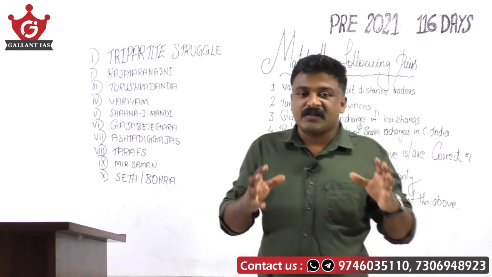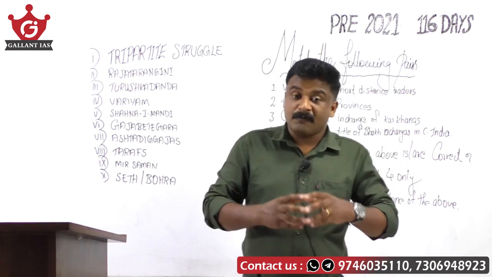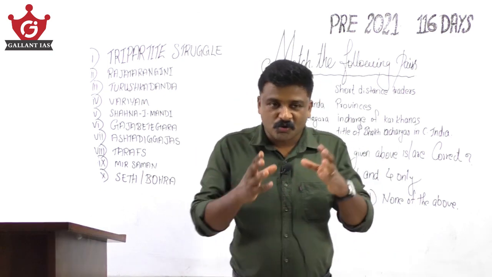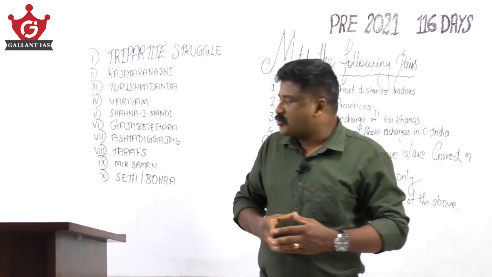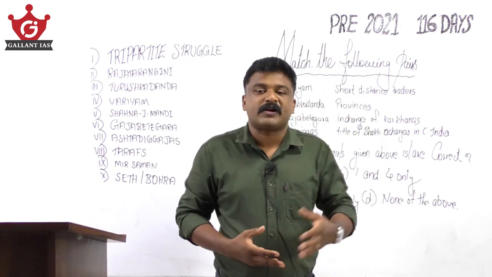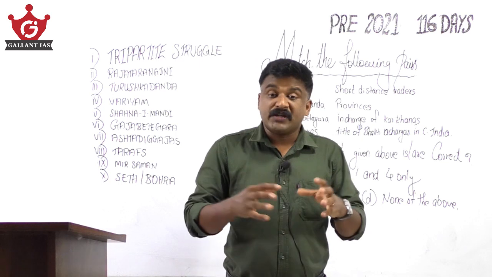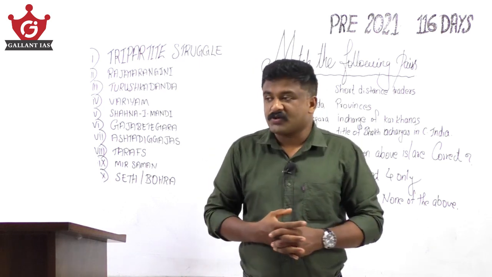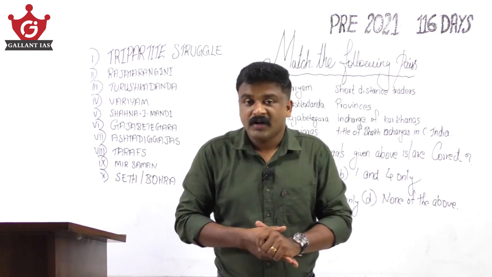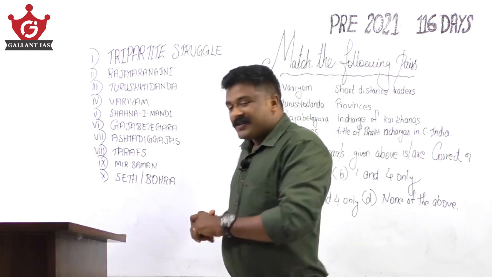Then Mir-i-Saman is the in charge of the imperial household during this Delhi Sultanate, which you will study about. Then Sethis and Boras are long distance traders during this medieval India. Banjaras were caravan traders. Baniks were short distance traders. So that's it.